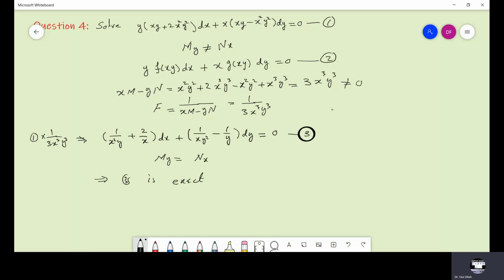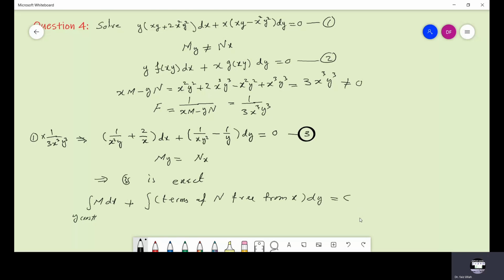So we can use the method: integrating m with respect to x, keeping y as constant, plus integrating those terms of n which are free from x, into dy is equal to c.